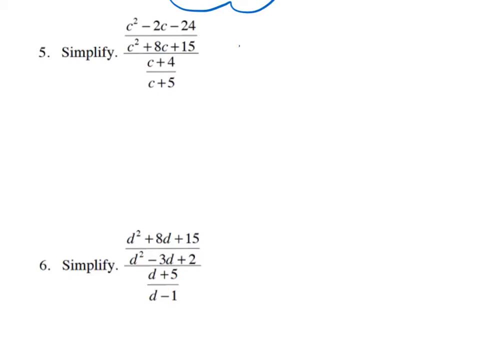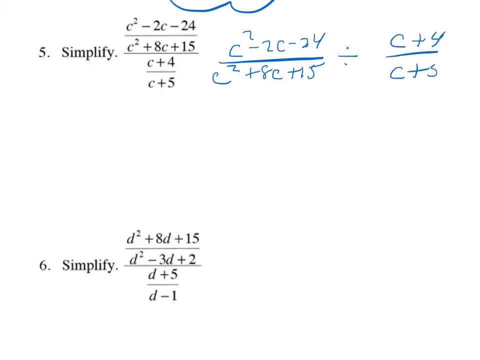So let's see, I have c squared minus 2c minus 24 over top of c squared plus 8c plus 15 divided by, we have c plus 4 over c plus 5. All right, now let's examine this for a second. Okay, c to the first, nothing common, won't factor. C to the first, nothing common, won't factor. C to the second, does it have a common factor? No, it doesn't. That means it's a trinomial. I can tree it out.